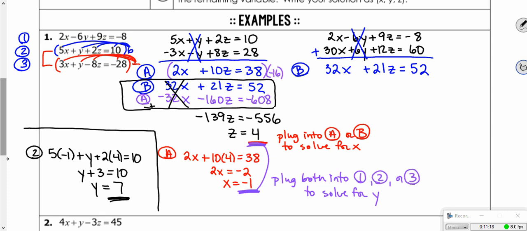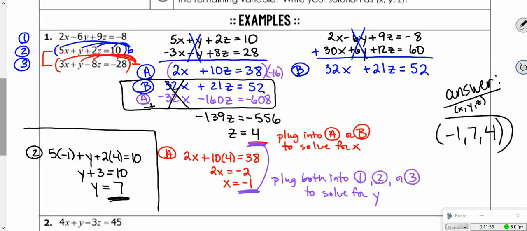Be careful though when you write your answer, your ordered triple needs to be in order x, y, z. Always. So for us, that is negative 1, 7, 4. That is my final answer.